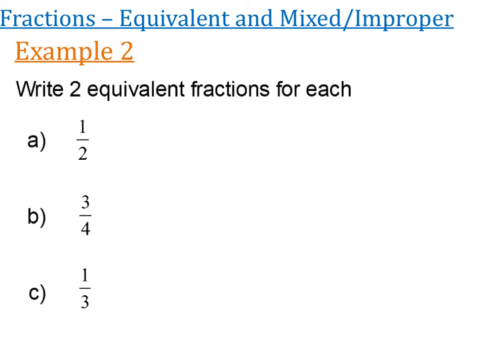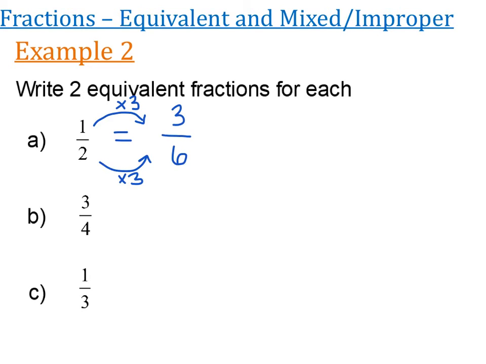Okay? In this question, we're asked to write 2 equivalent fractions for each fraction. We can actually have lots of different answers. If you wanted to try these by yourself, you might not get the exact same answers I do. So the first equivalent fraction I'm going to do is I'm going to times the top of my fraction and the bottom of my fraction by something. I'm going to times by 3, just because I like the number 3. And I end up with 3/6.